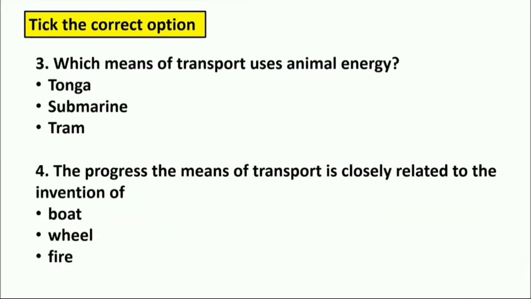Number 3. Which means of transport uses animal energy? Tonga, submarine, tram. The correct answer is Tonga. Number 4. The progress in the means of transport is closely related to the invention of boat, wheel, fire. The correct answer is wheel.